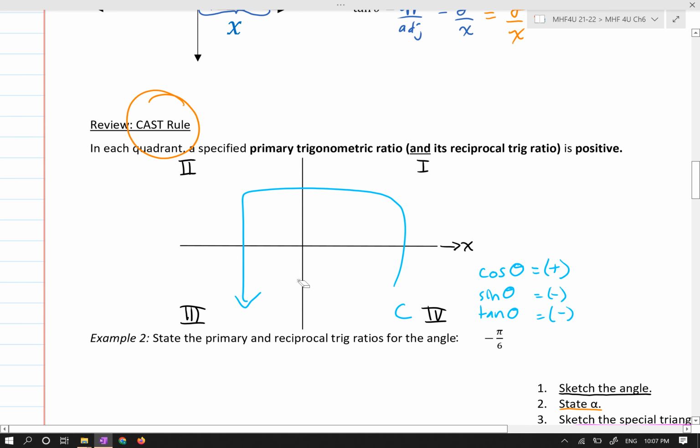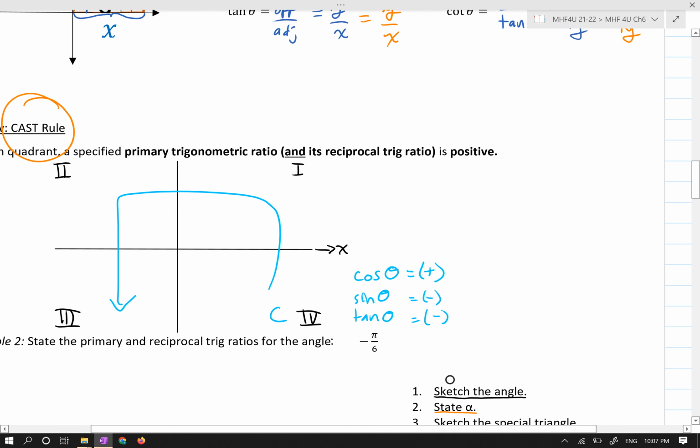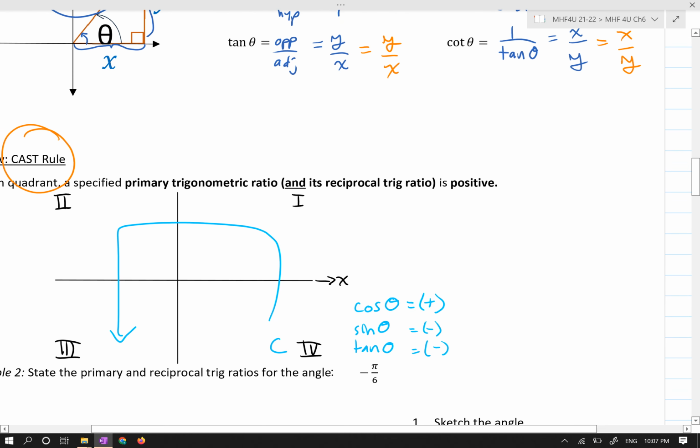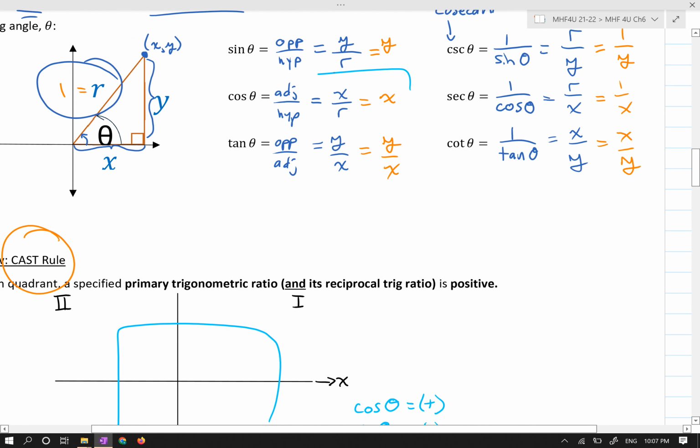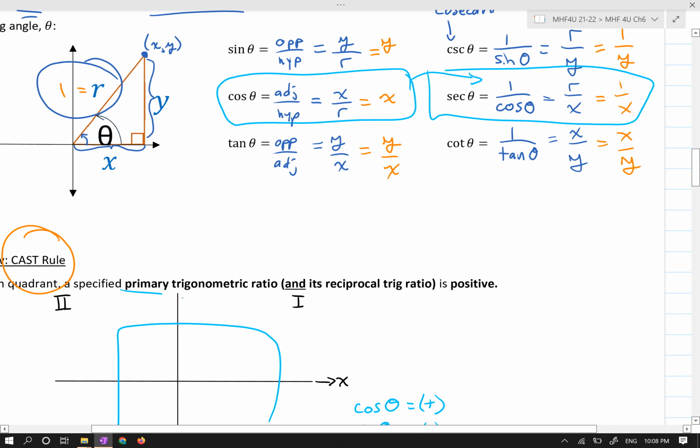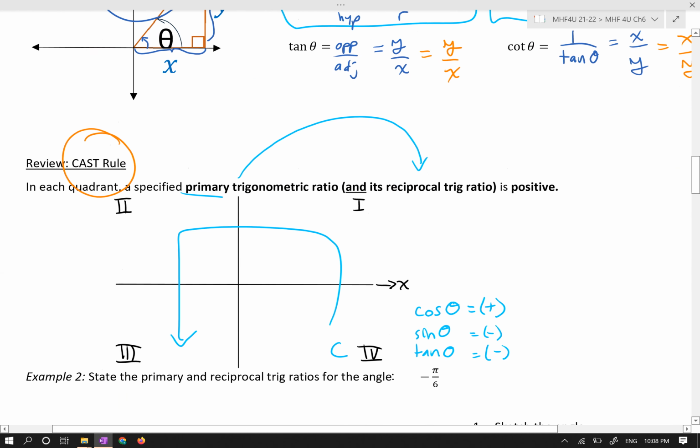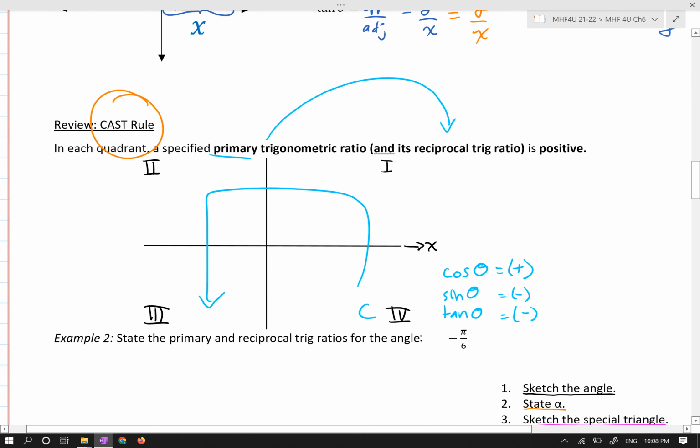Now that also means we can take this a little bit further. If the cosine ratio is positive, that means 1 divided by the cosine ratio, its reciprocal ratio, will also be positive. So if a primary trig ratio is positive, that means its reciprocal ratio will also be positive. Okay, then we have the A in CAST.